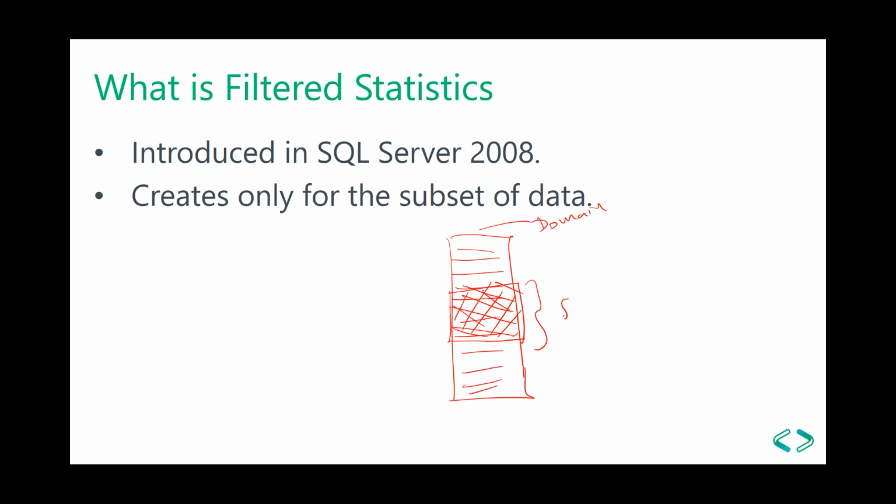If you create an index, it will apply for the entire domain. But if you create a filtered statistics or filtered index, it will always apply for the subset of data, depending on the predicate that you specify.